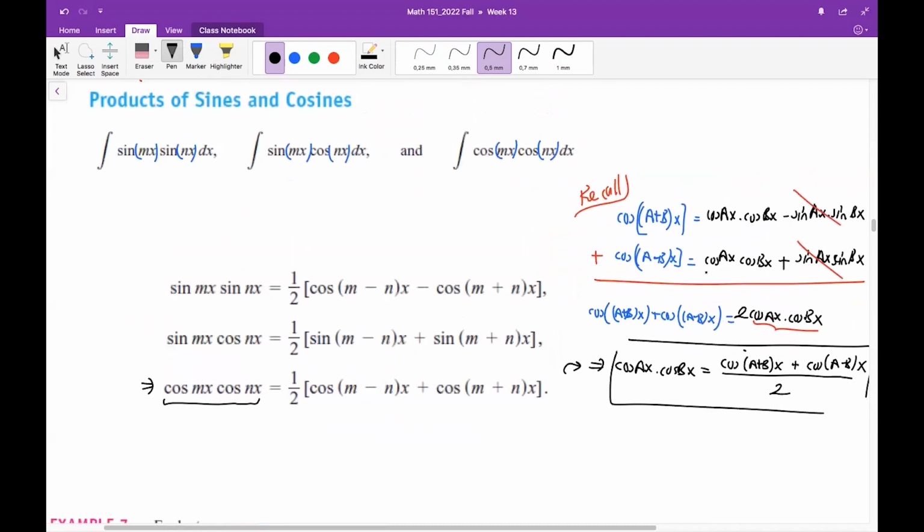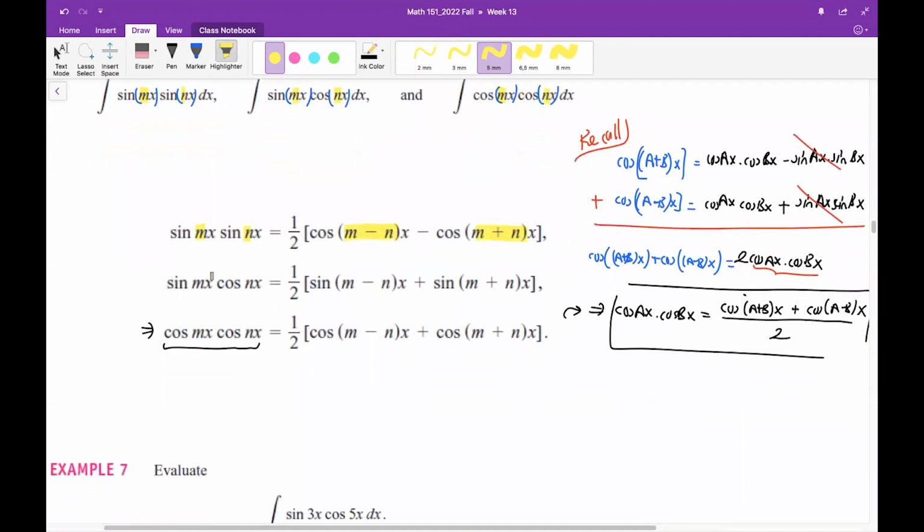Now, let me show you how we use them for the integral questions. And let me emphasize these coefficients m and n, which are the coefficients for the angles inside the sine and cosine formulas. For this product, for example, it is possible to transform it to a difference like this, where you put these coefficients now.